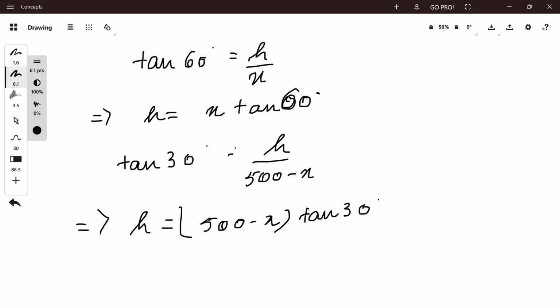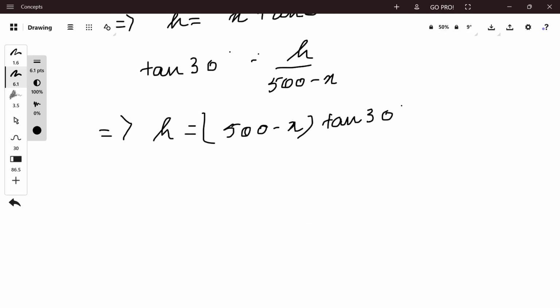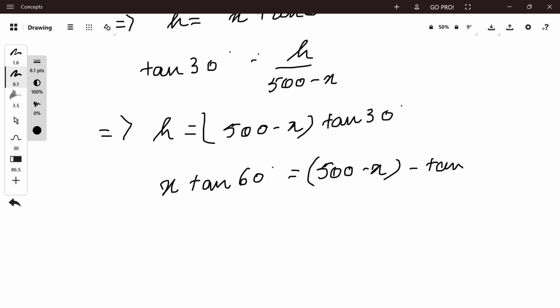Equating the expressions for h, we have x tan 60 is equal to (500 minus x) tan 30.